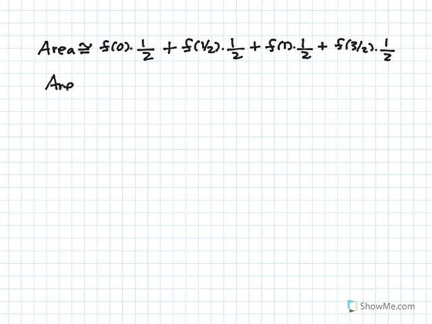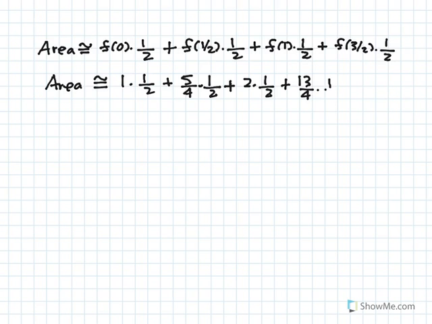Area is approximately equal to f of 0, that's 1, we've already calculated that, plus f of 1/2, that's 5/4, times 1/2, plus f of 1, that is 2, times 1/2, plus f of 3/2, that's 13/4, times 1/2. Let's simplify this a little bit.